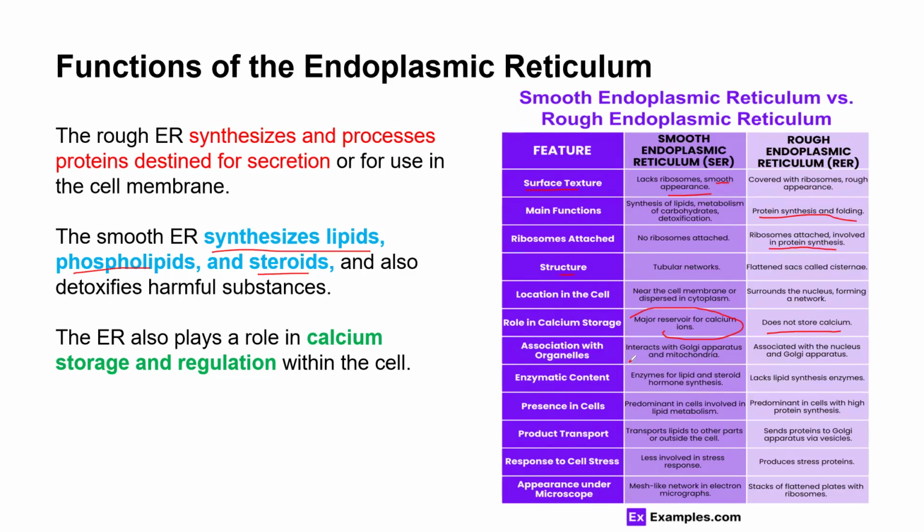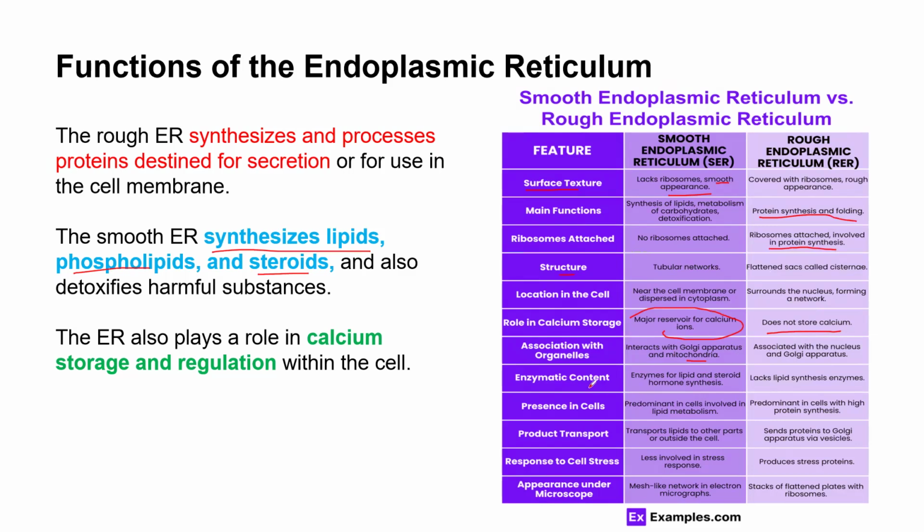Then association with organelles: the smooth endoplasmic reticulum interacts with the Golgi apparatus and the mitochondria, while the rough is associated with the nucleus and Golgi apparatus.